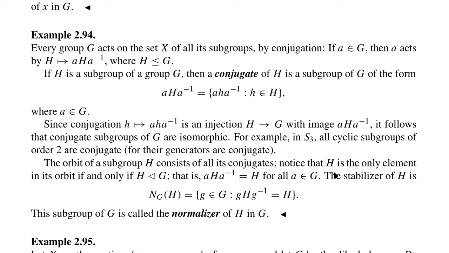Yeah, so this is about the normalizer again. The same thing: you have a set X, then you have a group G that acts on the set X. Now the action is just taking every subgroup and writing it as AHA inverse, where H is a subgroup of G. So if H is a subgroup of G, then a conjugate of the subgroup is a subgroup of G itself, but it has this specific form.